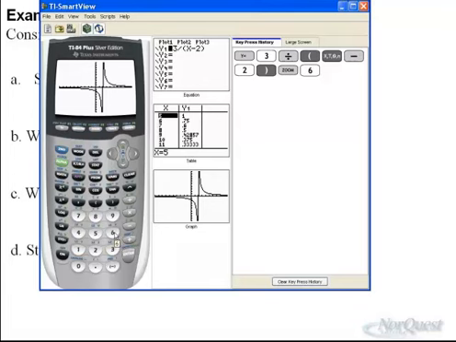And a couple quick things to note. When you see that vertical line on your graph, that really isn't a part of the graph. Your calculator has to draw this thing continuous. But what really happens is this graph falls up to that vertical line, and then it starts again at the top and works its way back down.